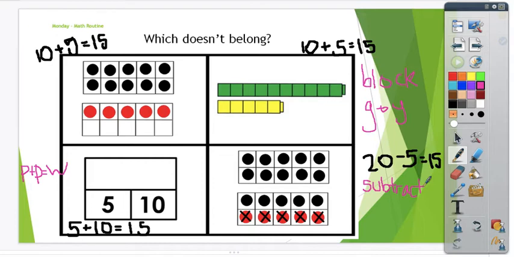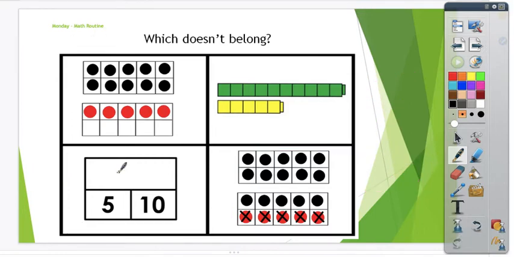Which one doesn't belong? If you said you think this one doesn't belong, you are correct. All of the other ones use addition to find the answer. The one using subtraction doesn't belong. Good job, guys.